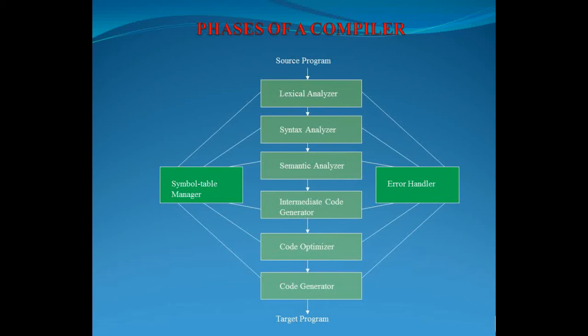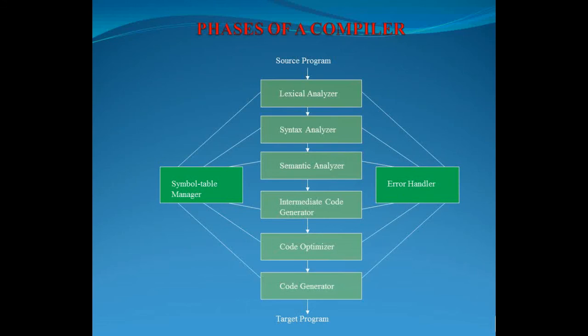So semantic analysis checks the semantic errors present in the source language, and after checking the semantic errors, the semantic analyzer sends the output to the intermediate code generation.